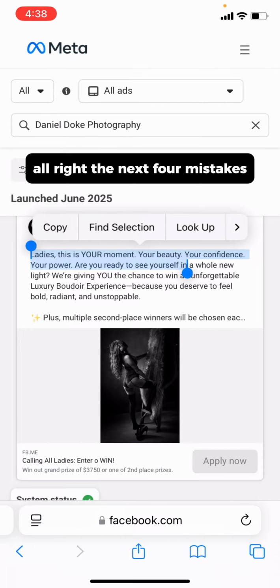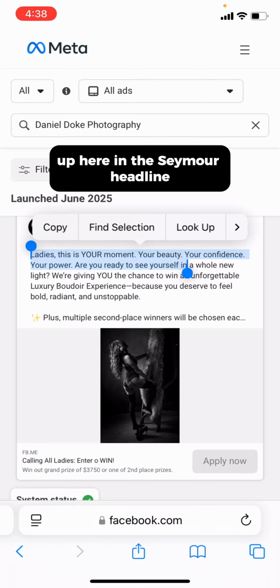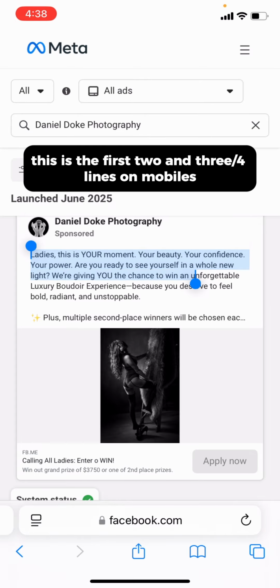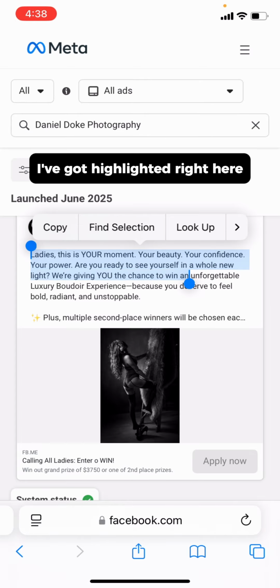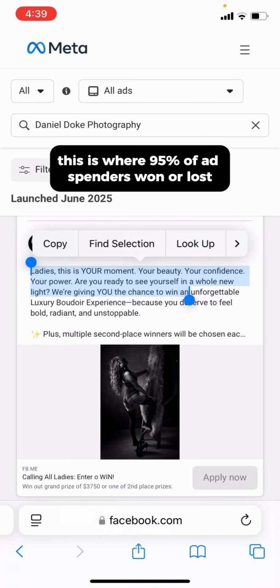All right, the next 4 mistakes, mistakes 2 through 5, can happen up here in the see more headline. This is the first 2 3/4 lines on mobile that I've got highlighted right here, in the mobile Facebook newsfeed. And this is the most important real estate. This is where 95% of ad spend is won or lost.